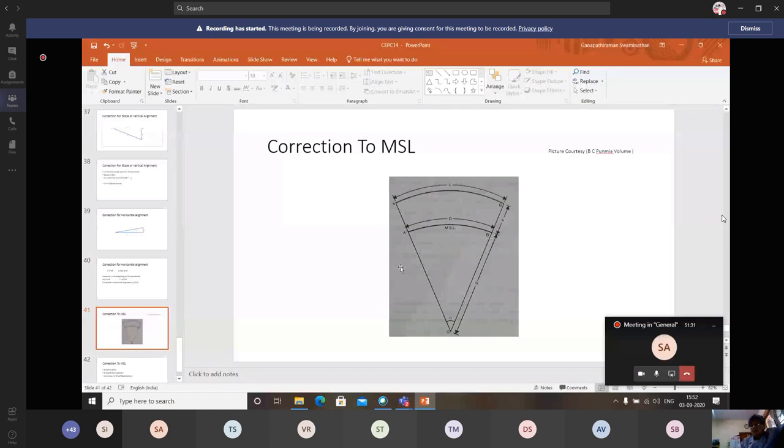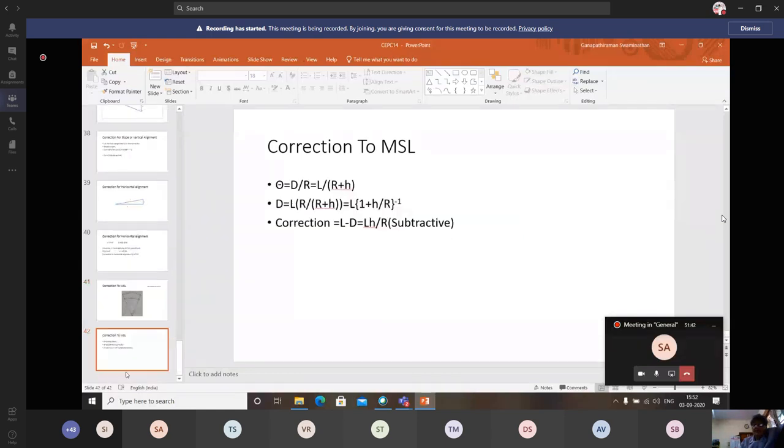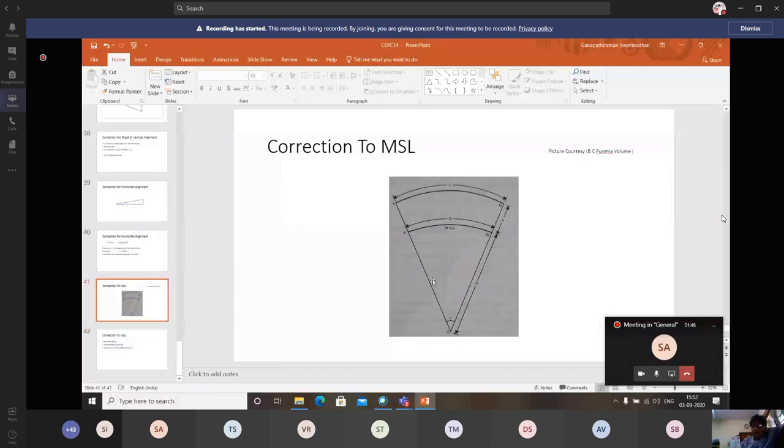Every country has got its own mean sea level. So you are measuring at a different altitude, you have to make a correction for mean sea level. What is the mean sea level correction? Theta is measured in radians. D is equal to r theta.